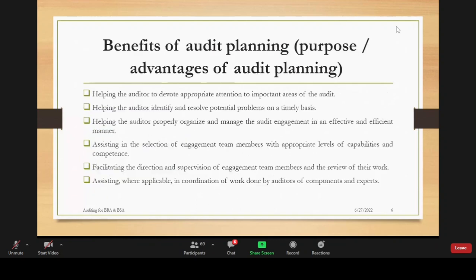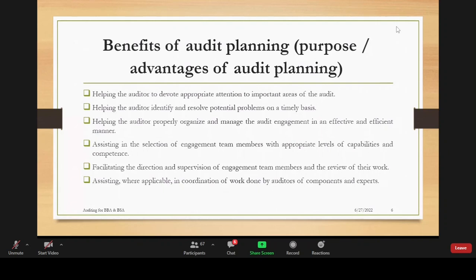So the benefits are, it helps you place a lot of emphasis on important areas of the audit. Like I said, because in audit you can't do everything, you have to plan so that you place your attention on the more risky areas.